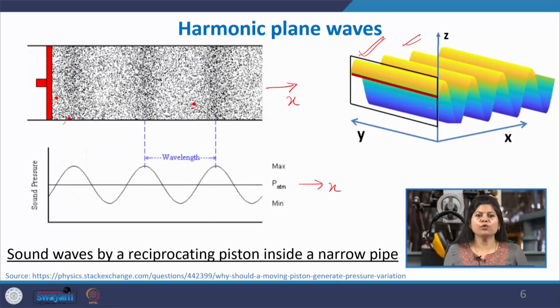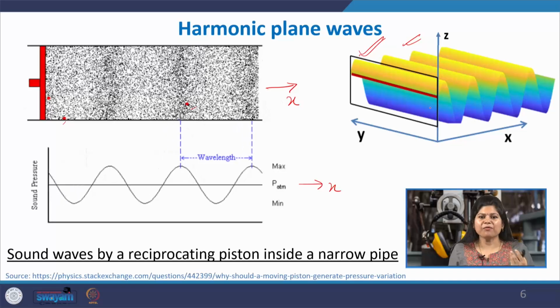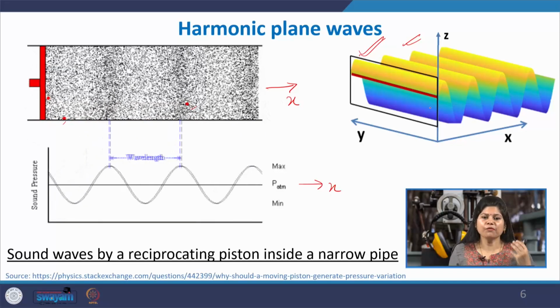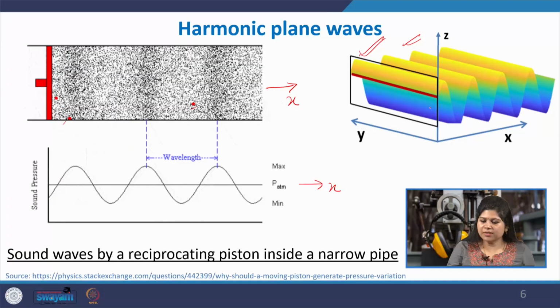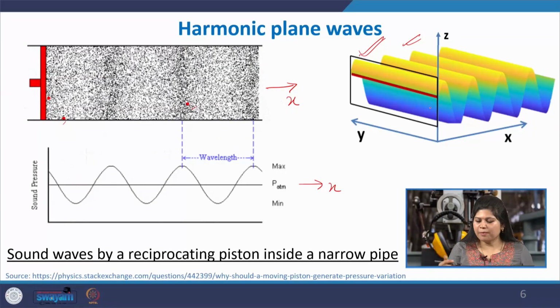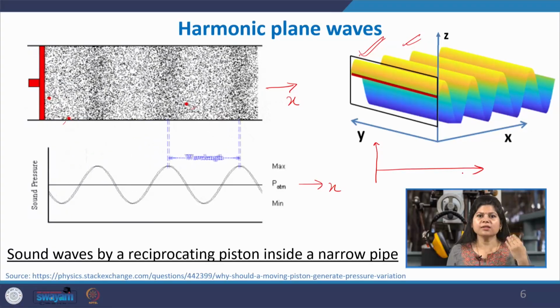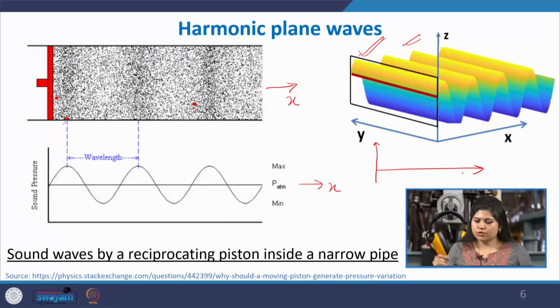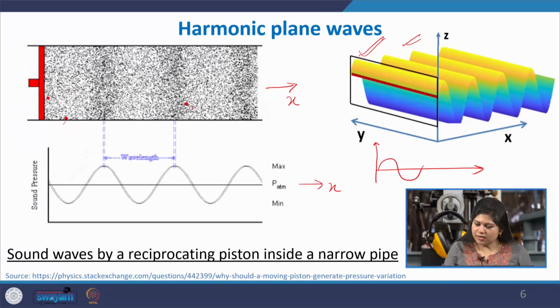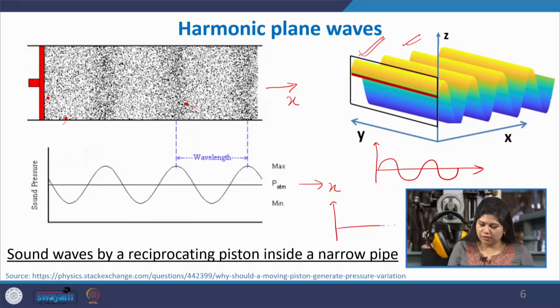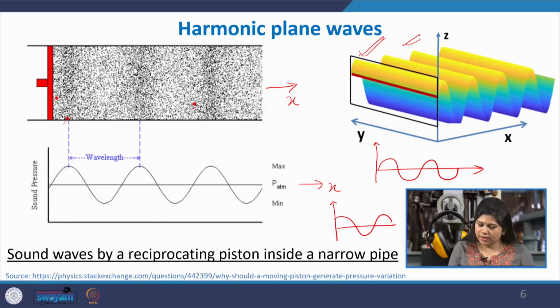Now, many of you who are familiar with wave mechanics and waves in general would know what is meant by the phase of a wave. But just to quickly recap, in this course, let us say pressure is having a sinusoidal variation. So, it could be a sine wave, or it could be a cosine wave like this.